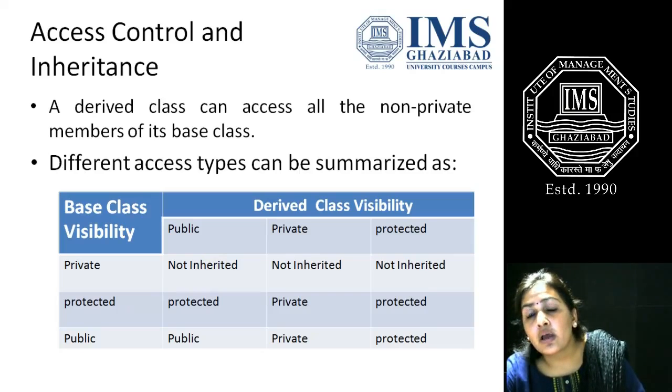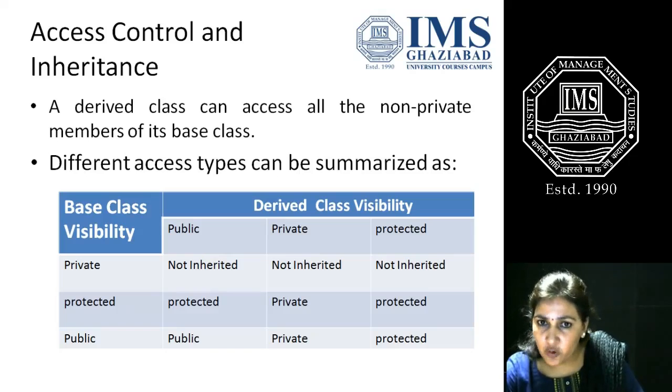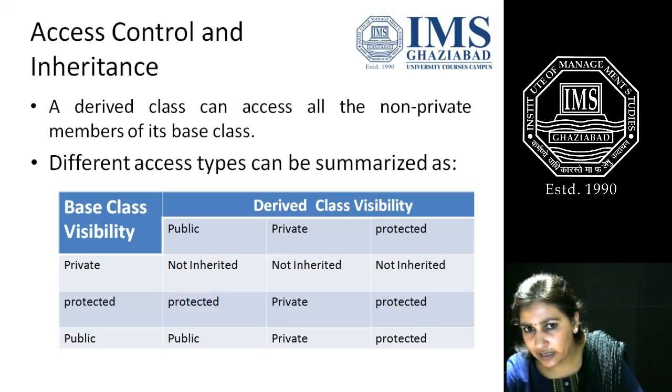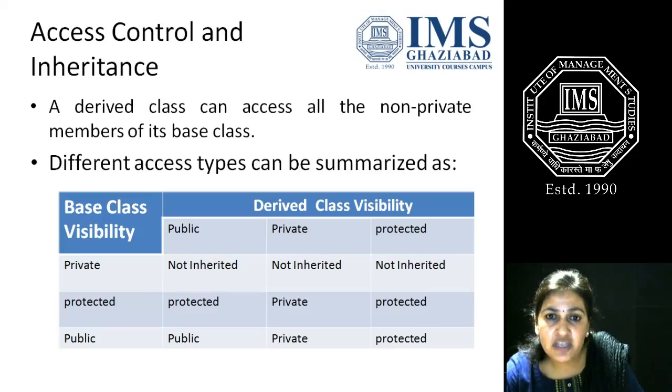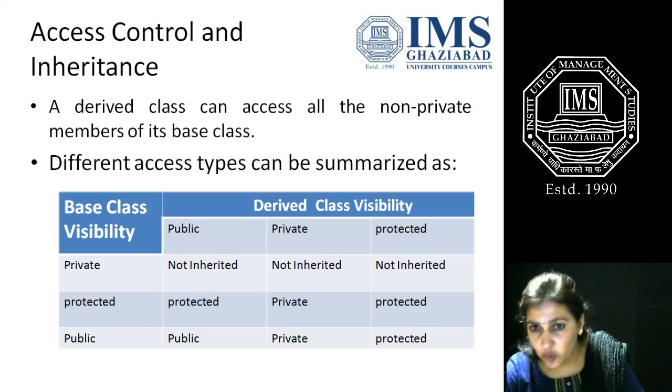Now, when we derive the subclass from the base class, the visibility mode may be public, private, or protected. If visibility mode is public, then private members are not inherited, protected members of the base class remain protected in the derived class, and public members of the base class remain public in the derived class.